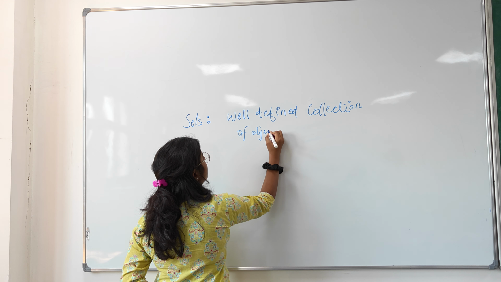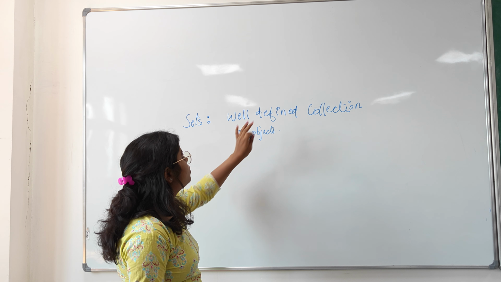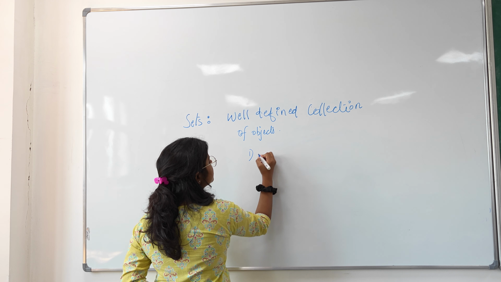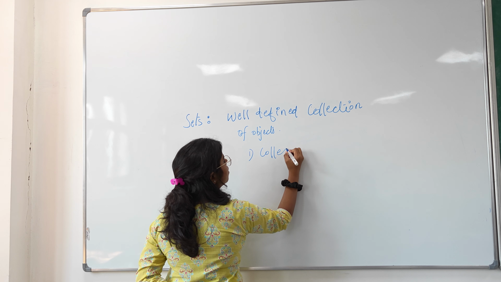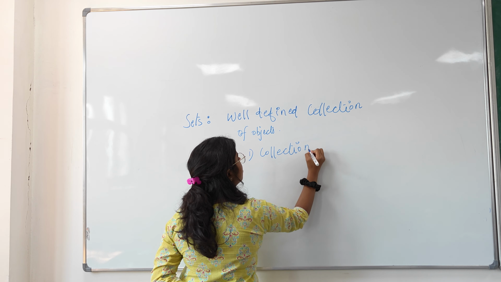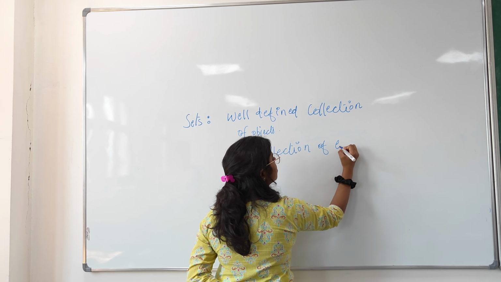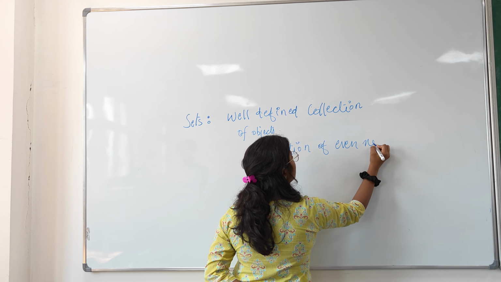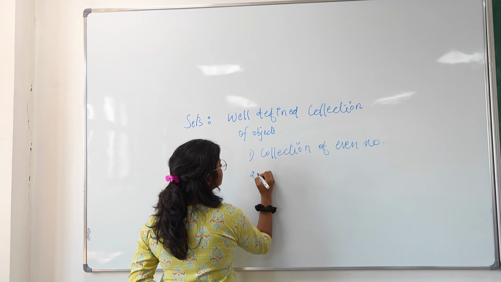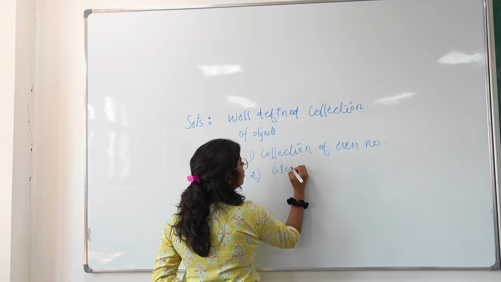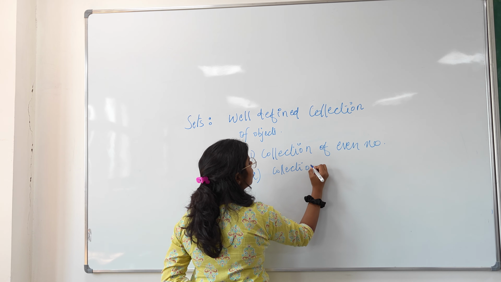So first we will understand the meaning of well-defined. We will understand through examples. One example is a collection of even numbers, and the second one is a collection of favorite writers.